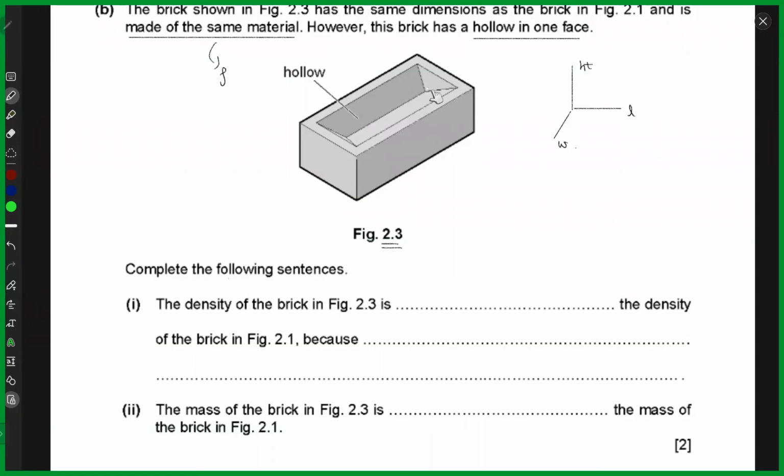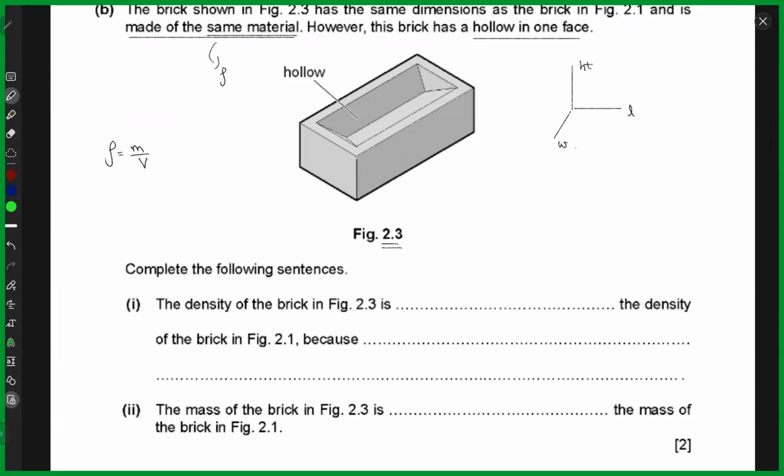Yes, I understand now. Right, so if it's made up of the same material, as long as the material remains the same, then we can say that the density is going to also be the same, because density is just mass per unit volume. Now, of course, it depends on the mass and the volume, right?